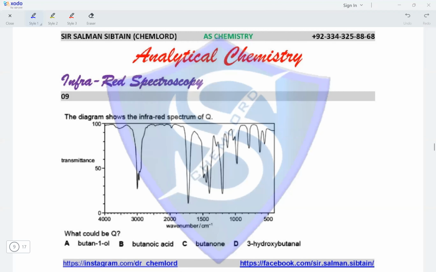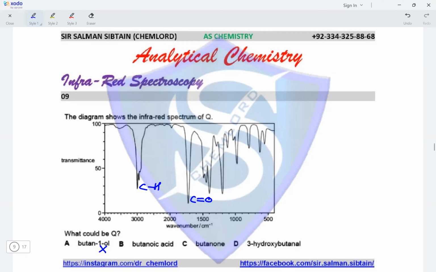Question 9. The diagram shows the infrared spectrum of Q. What could be Q? The identifiable peaks here are the C double bond O peak and the CH peak, and no other identifiable peaks present. Butan-1-ol: there is no alcohol peak present in the range of 3200 to 3600 wave numbers, so it can't be an alcohol.